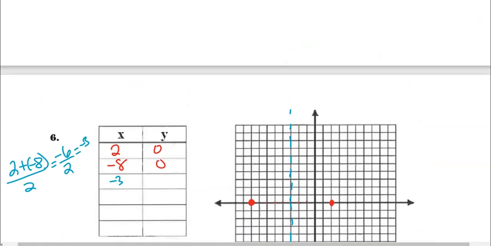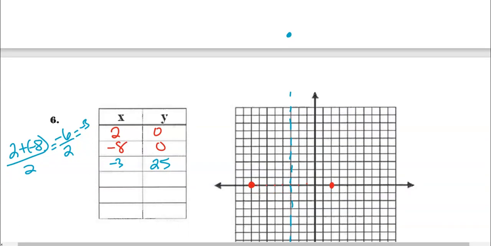So that's way up here. Does it make sense for the vertex to be above my x-intercepts? We said it opened down, right? So this makes sense. For my parabola to open down, my vertex does have to be up top.